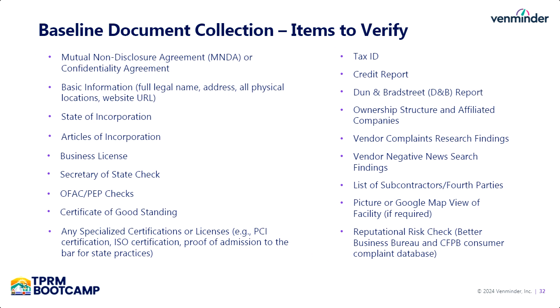We want to make sure they're a legitimate entity by reviewing their state of incorporation, that they have a business license, that they're in good standing. Maybe we review online reviews or check the Better Business Bureau, look at customer complaints, understand their basic credit profile, get a tax ID so that we can pay them.